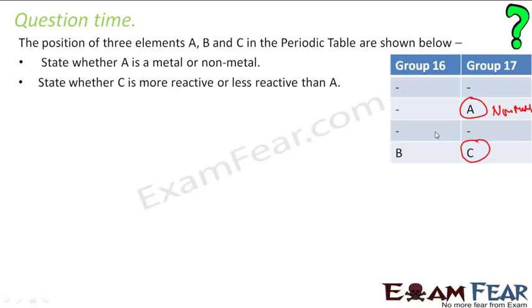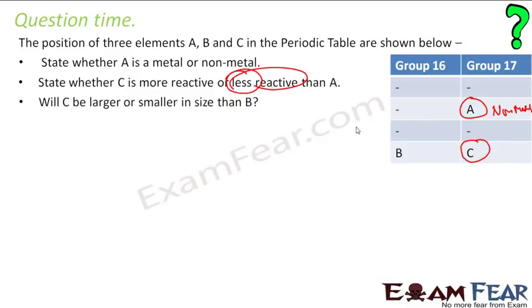So C is less reactive. C is less reactive. Correct? Why? Because as we go down, the size of the atom increases, the power of the nucleus to attract electrons decreases, and it will not be able to attract electrons, and thus it will be less non-metallic.